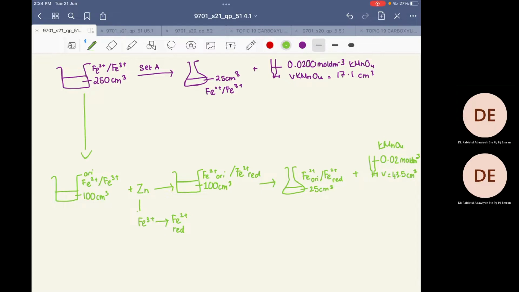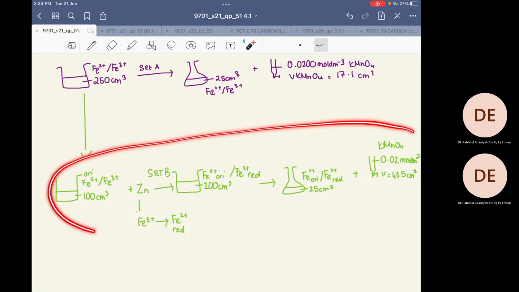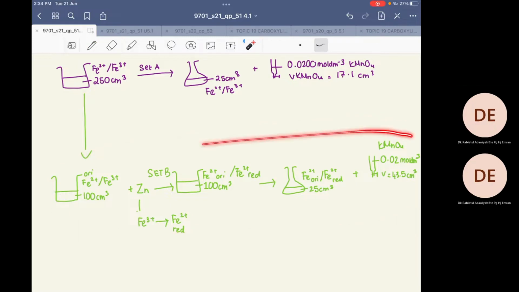So the question says, calculate the mass of Fe2+ ions in 100 cm³ of the reduced solution produced in step 6. So that means in set B. Step 6 is set B, right? So part 2 is actually interested in our set B reaction.